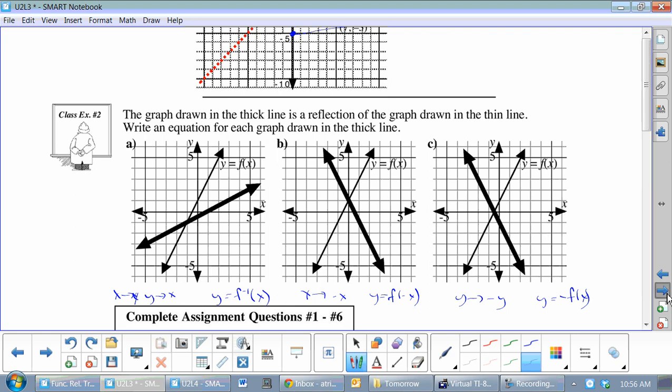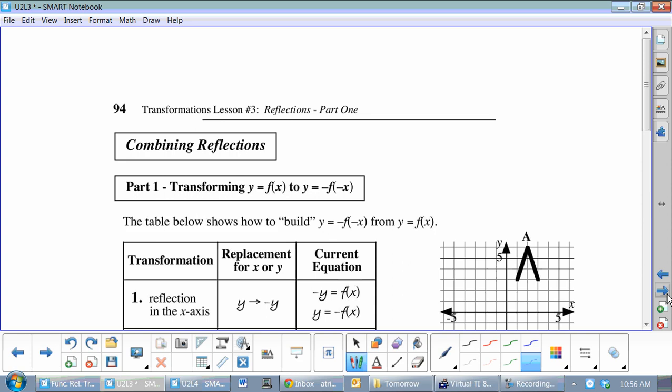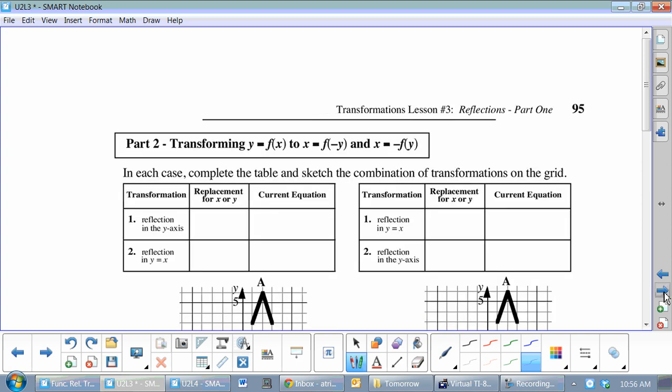Okay, now these next two pages, so we'll go to page 95, they're basically trying to say the same thing when doing reflections. Order does not matter.